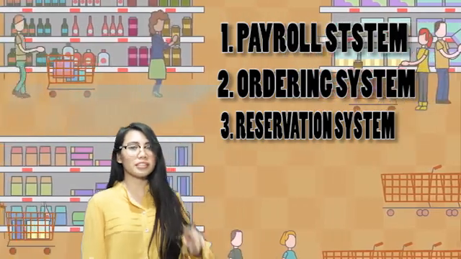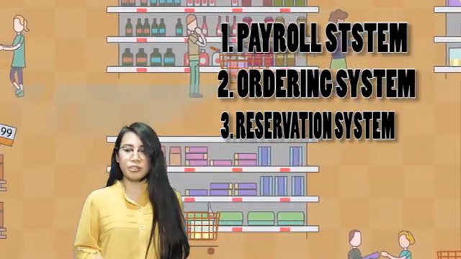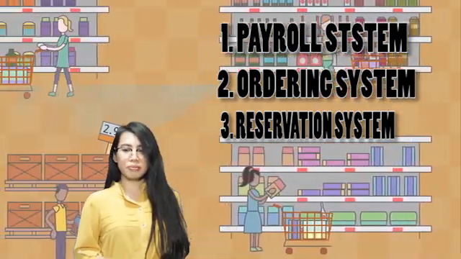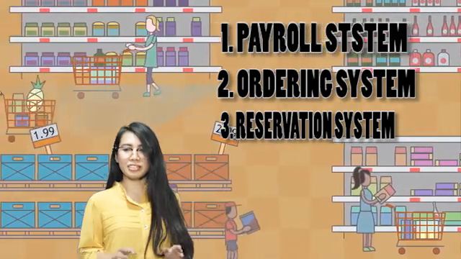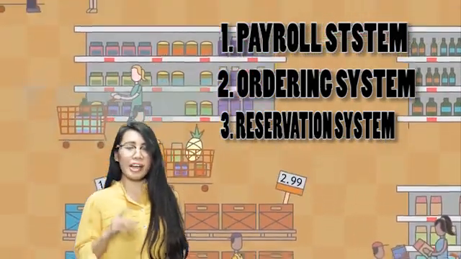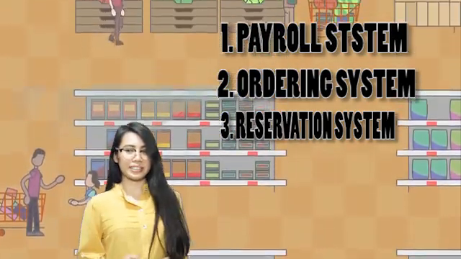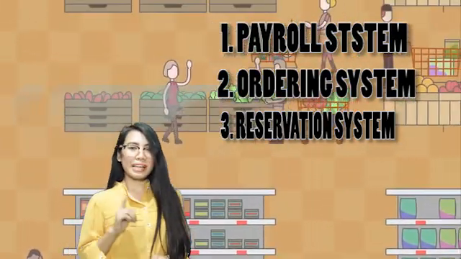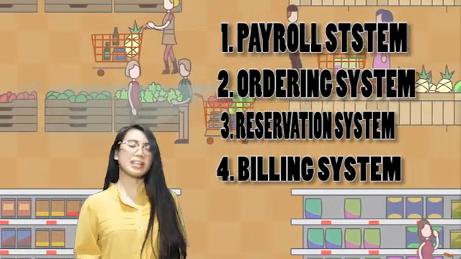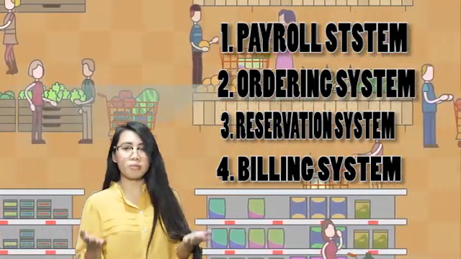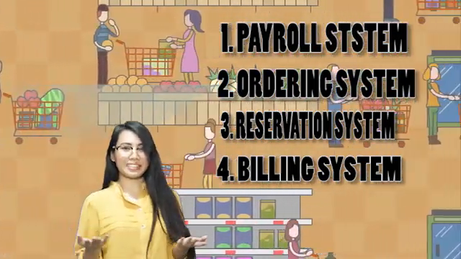Next is reservation system, used to store and retrieve information and conduct transactions related to air travel, hotels, car rental, and other activities. Next is billing system. It simplifies all complex billing tasks.